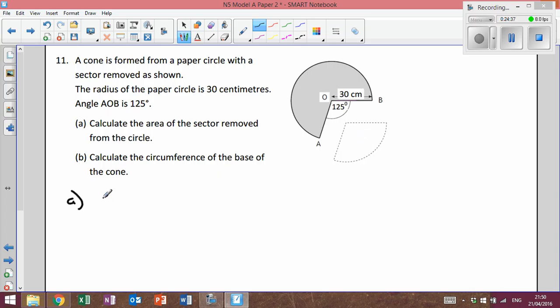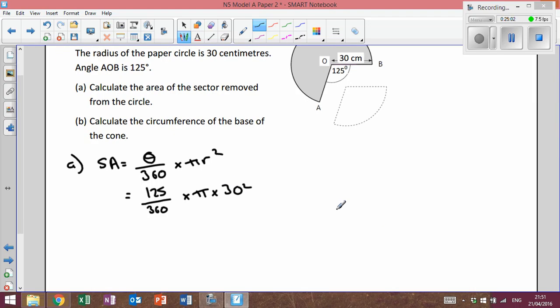The area of a sector is a fraction of a circle. So it's a fraction of the area of a circle, and that's a formula you have to remember. The angle there is going to be 125, and we're multiplying by pi times the radius, which is 30 squared.